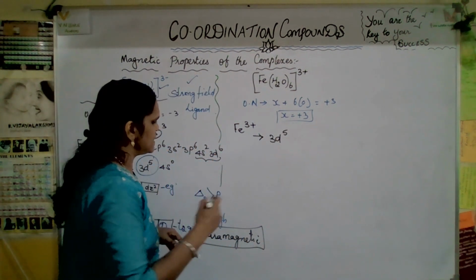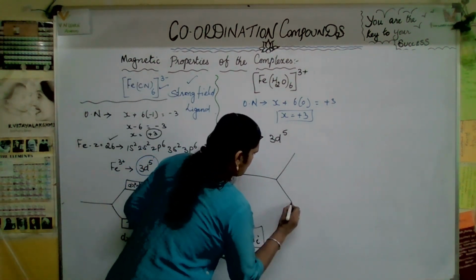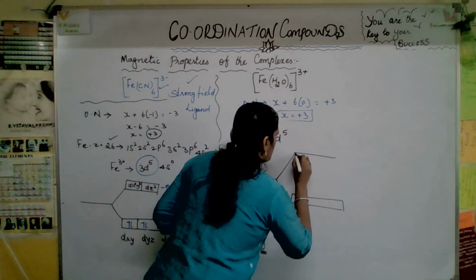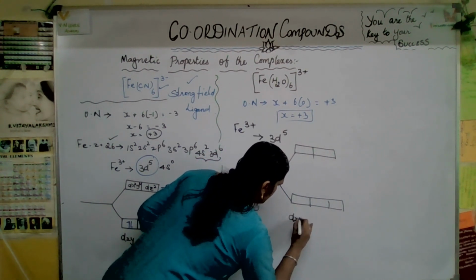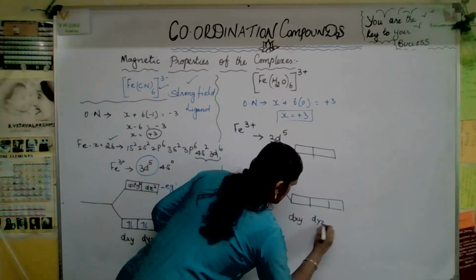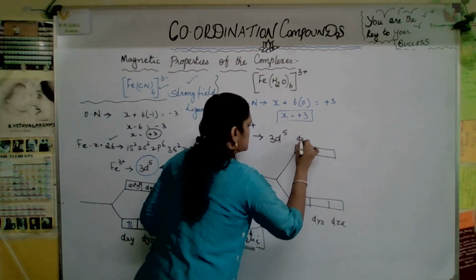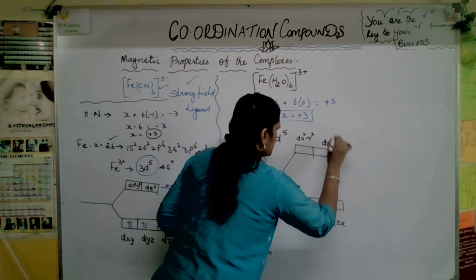Now ligand series, how will you write it? The same. dxy, dyz, dzx, so here dx square minus y square and dz square.